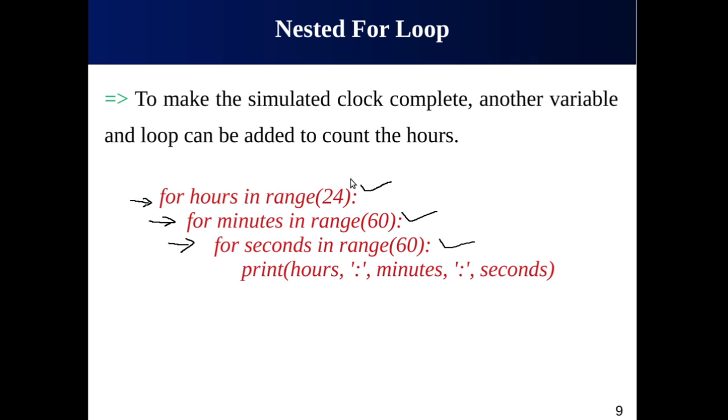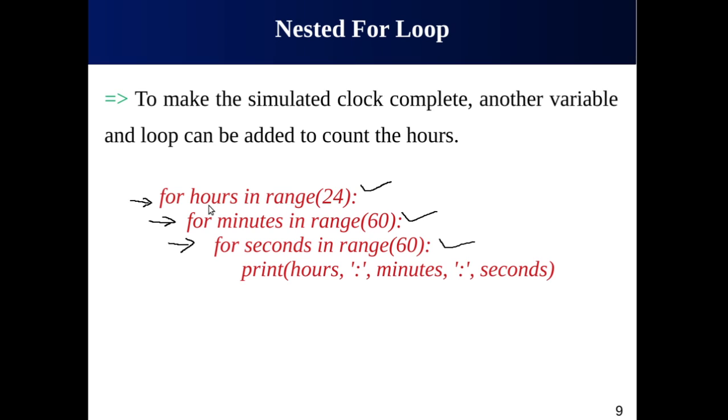You can define it in other ways as well, for example, sub inner loop or inner loop. But this is our outer loop, this is our inner loop and innermost loop.